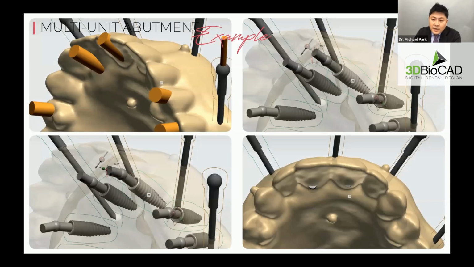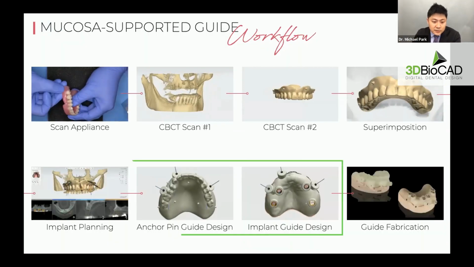Then if you look at the picture on the bottom right side, the screw access hole is now on the lingual to the incisal edge of that tooth. So this tells me that if I use a 17-degree multi-unit abutment, the screw access hole will be in the correct position. This is a really neat tool that 3Shape Implant Studio has.